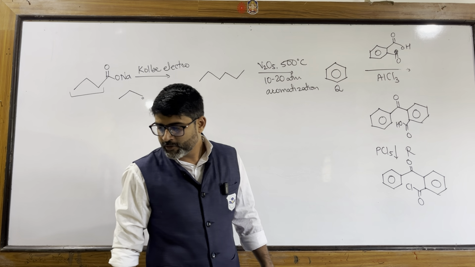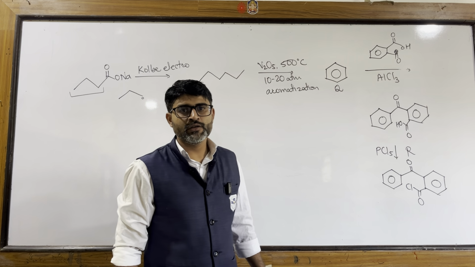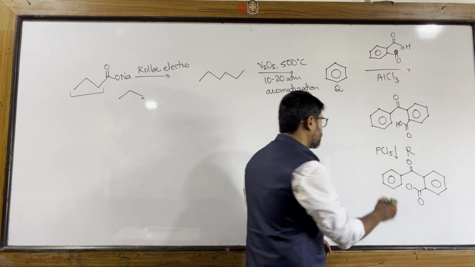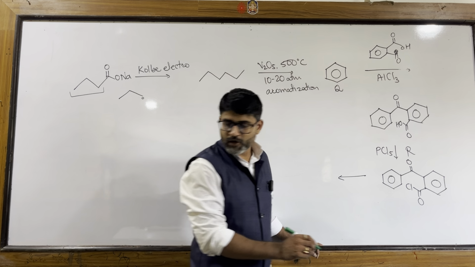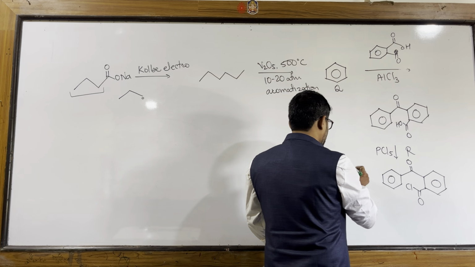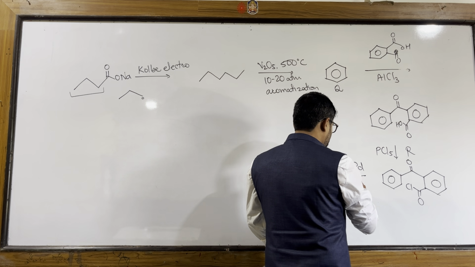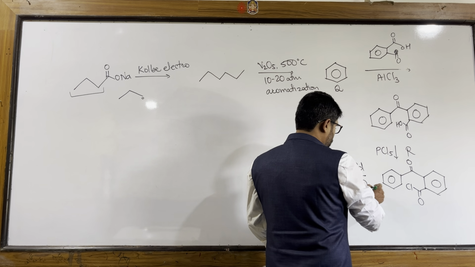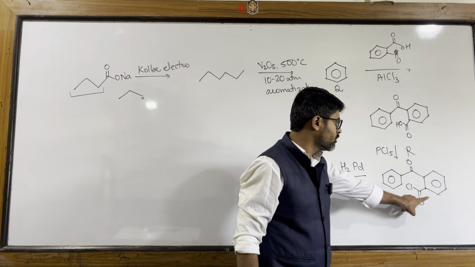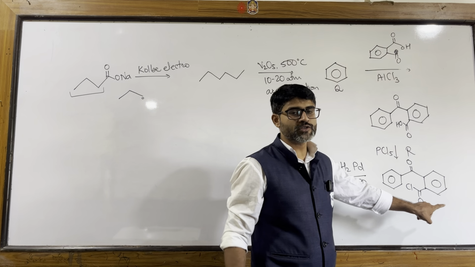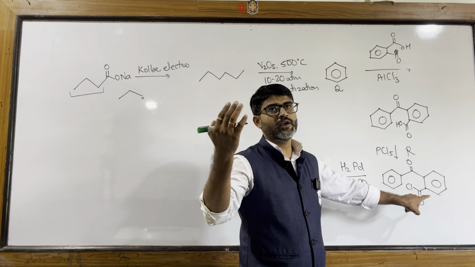In the second step we have to treat this acyl chloride with H2, Pd and barium sulfate. It is a Rosenmund reduction reaction, a partial reduction reaction. So this COCl group will change to an aldehyde group, CHO.